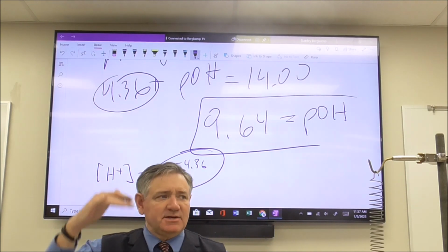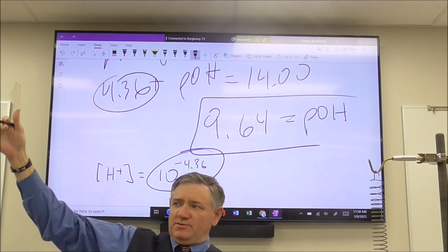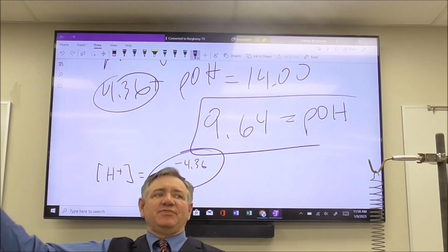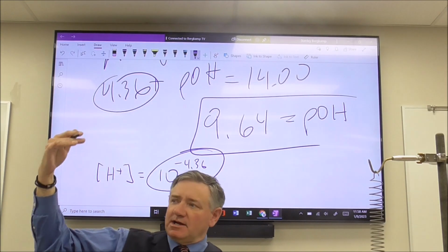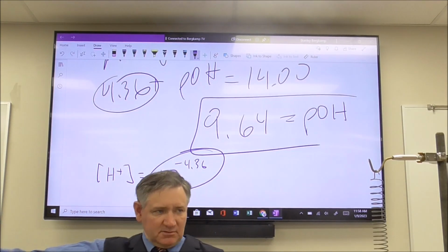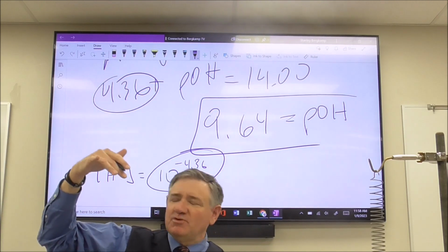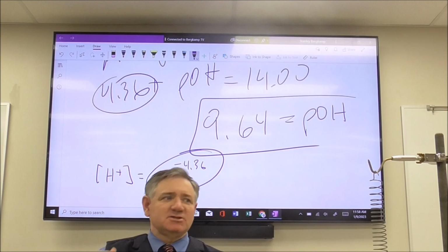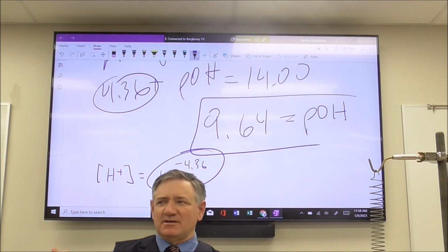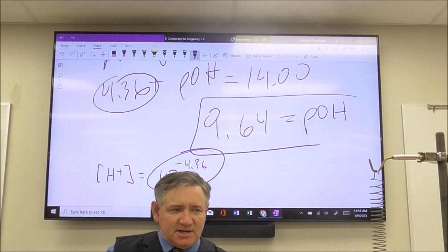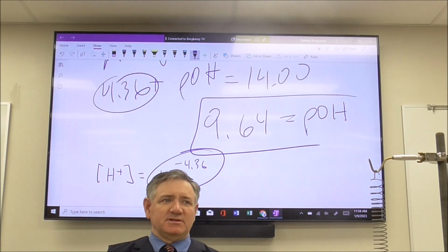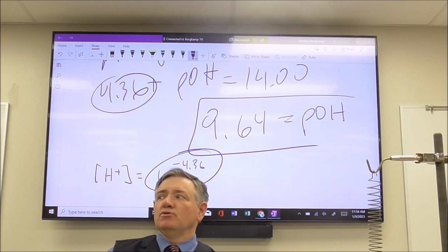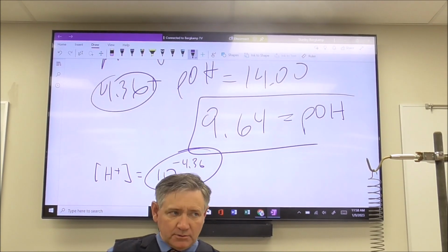If I take 10 and raise it to the positive 4.36, I'm going to get like 10,000. I'm not going to have a molarity of 10,000, okay? It's not even remotely possible. The highest concentrated molarities are around 16. If you ever calculate molarities and you get like 1,000, you have done something horribly wrong.